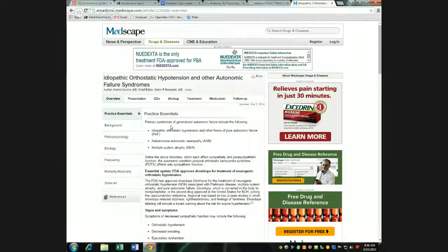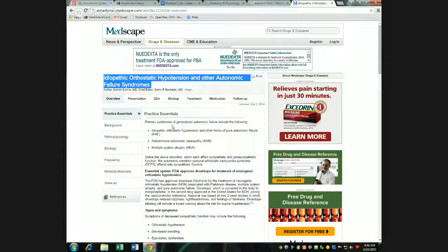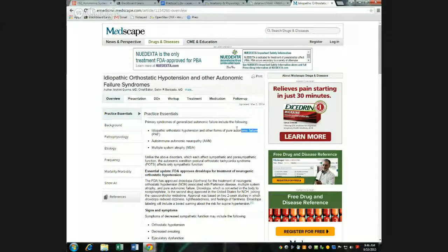Kind of the same thing as this title up here. The first thing they put is idiopathic orthostatic hypotension and other forms of pure autonomic failure. It's not exactly the same thing as the title because pure autonomic failure is not just other autonomic failure syndromes.